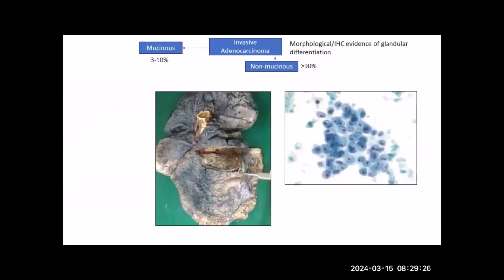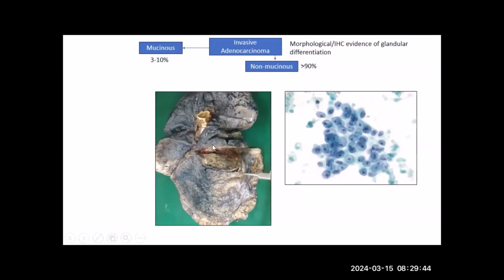Invasive adenocarcinoma is of 2 types: mucinous and non-mucinous. Non-mucinous invasive adenocarcinomas are the most commonly seen entities in practice, while mucinous are around 3 to 10%.